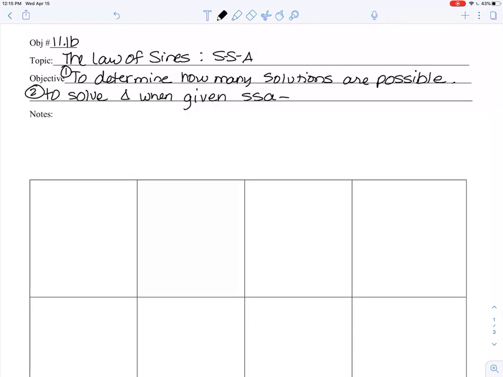So let's just say here, when two sides of a triangle and an angle opposite one of them are known, the law of sines can be used.